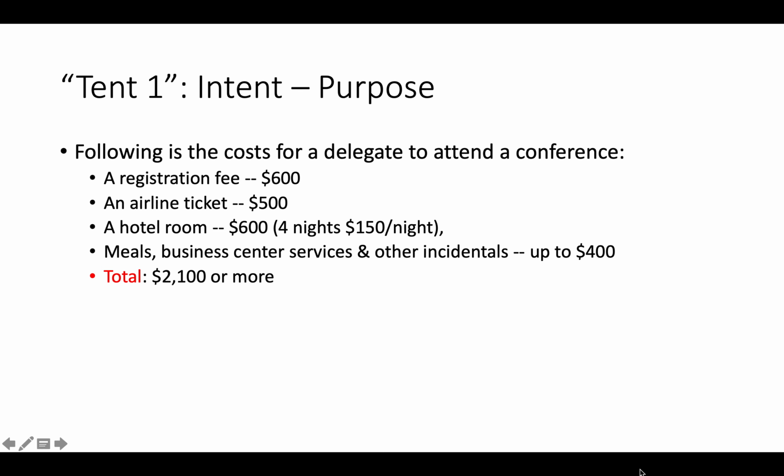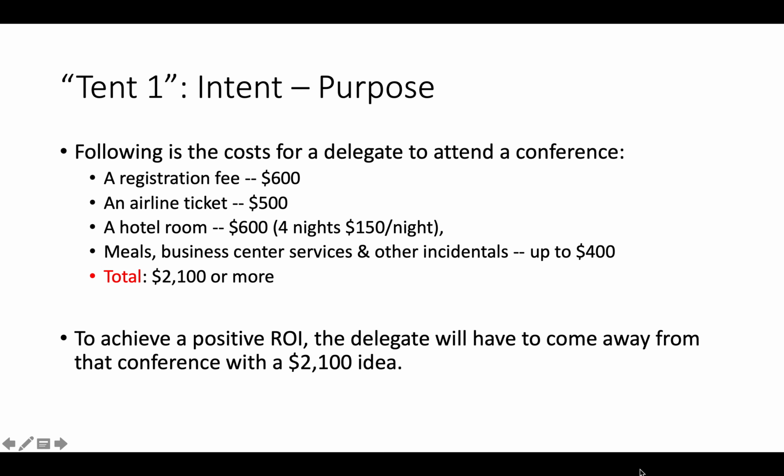When we put our purpose on the plan and market our event, we need to achieve a positive ROI, which is return on investment. So we need to tell our attendees, once they attend the conference, they can come away from the conference with a $2,100 US dollar idea.